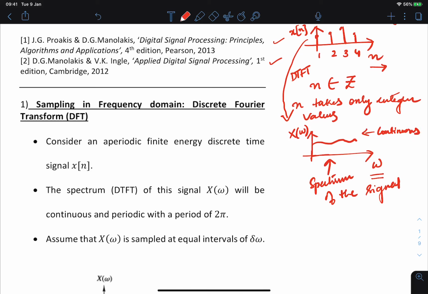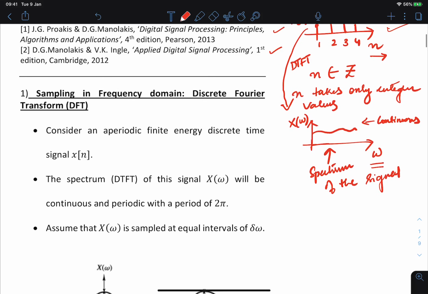Another speciality of the discrete time signal is that the spectrum is periodic in nature, that is, it doesn't stop here, it again repeats on both sides.